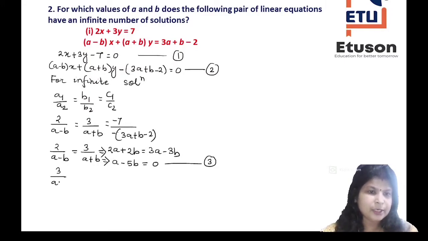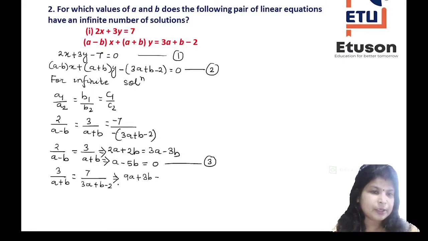So let me write 3 divided by a plus b is equal to 7, because there is minus minus, I can take directly 7 divided by 3a plus b minus 2. Doing the cross multiplication, you will get 9a plus 3b minus 3 into 2, that is 6, is equal to 7a plus 7b.